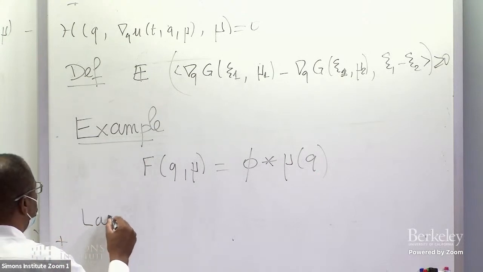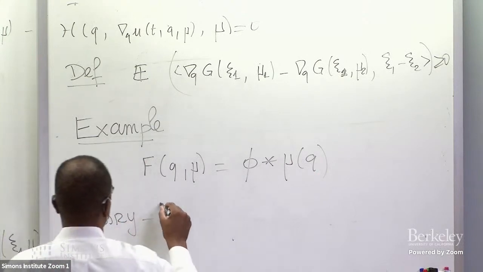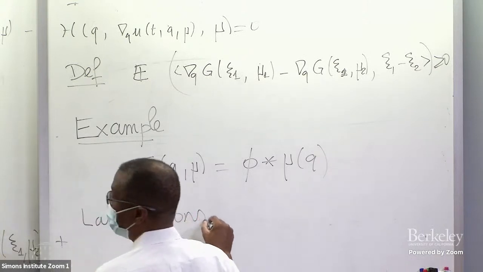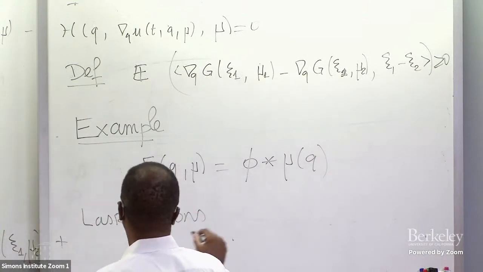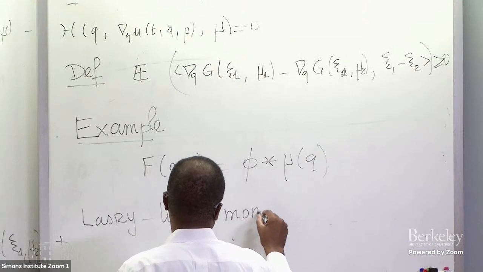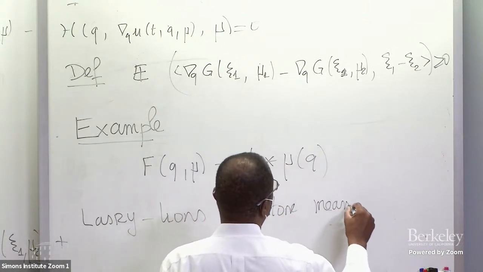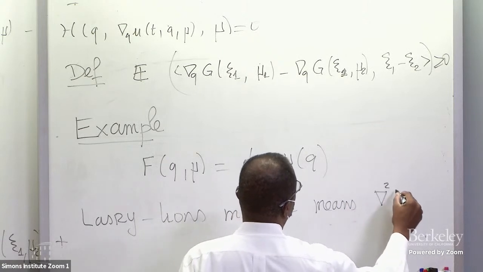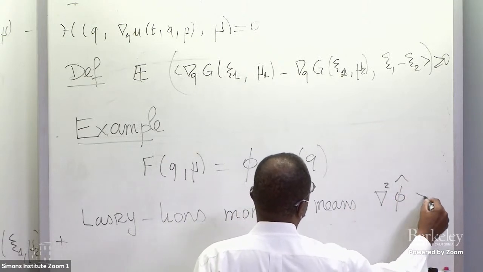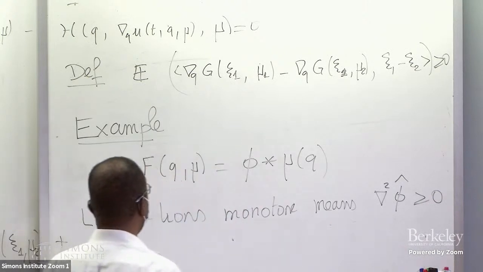Lasry-Lions monotone means the second derivative of the Fourier transform is non-negative.